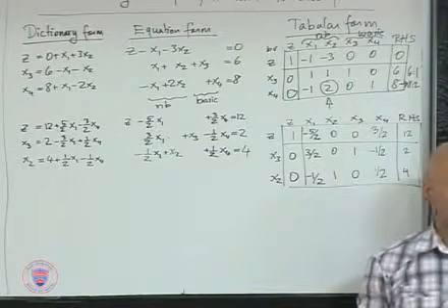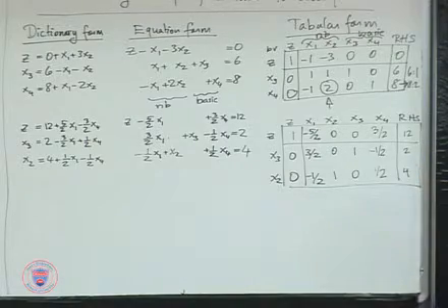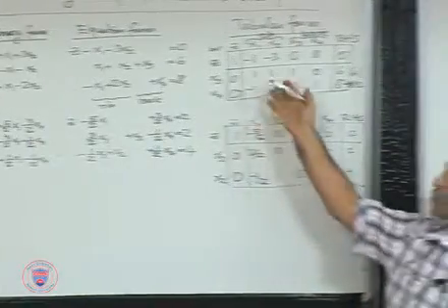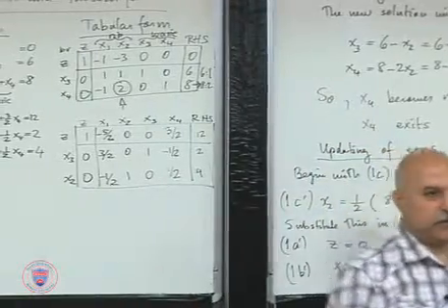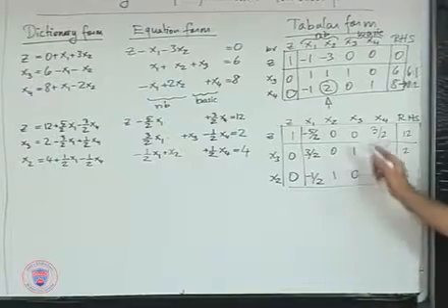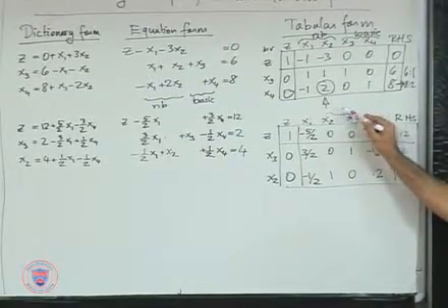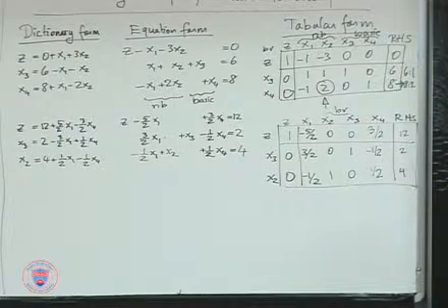And the only transition is via pivoting operations, or, of course, you can also use simply elementary row operations to create your unit vectors in the basic columns. Okay? These are the basic variables here right now.